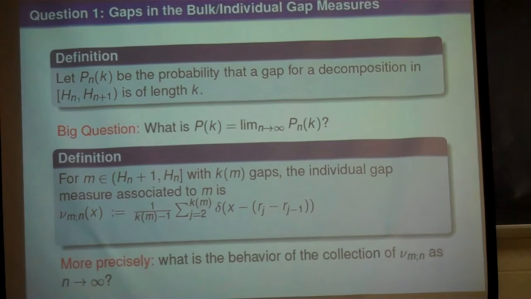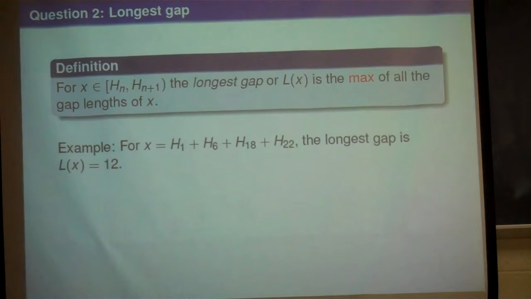That is what its individual gap measure is saying. And the question is, what is the behavior of an arbitrary random string as it goes through there? That was the first question I was asking.